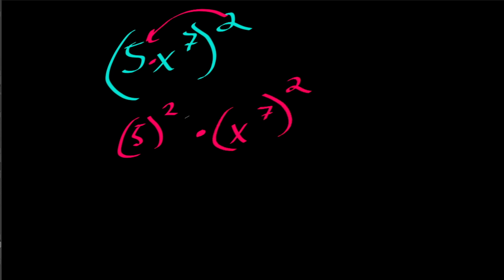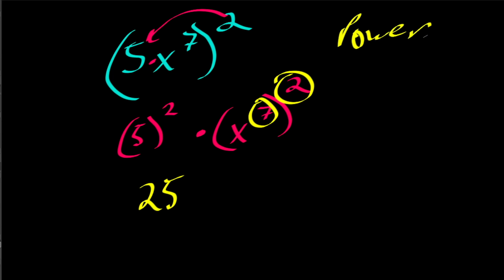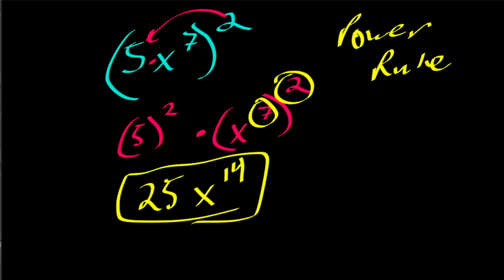So if I really just broke it apart, it would be 5 squared times x to the 7th squared, which, if we do those individually, 5 squared is 25, x to the 7th squared, once again, the power rule, which is actually what this is called if I haven't said it already, the power rule says if you raise an exponent to a power, you multiply the exponents. So 7 times 2 gives me x to the 14th, and that's just my answer.